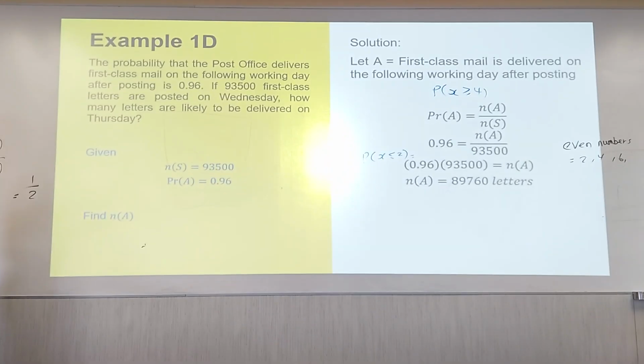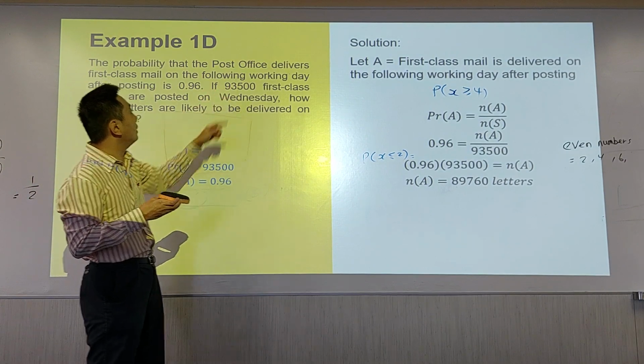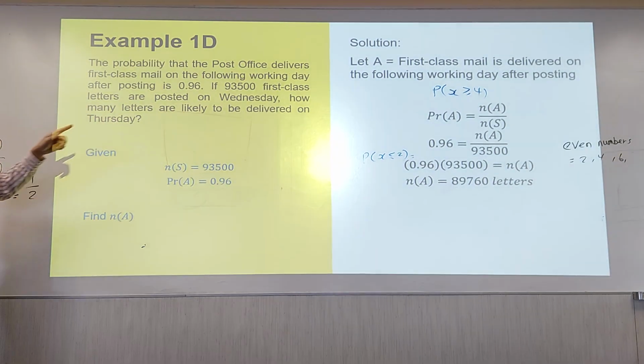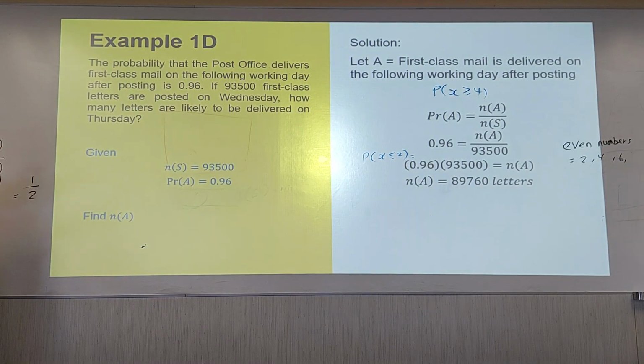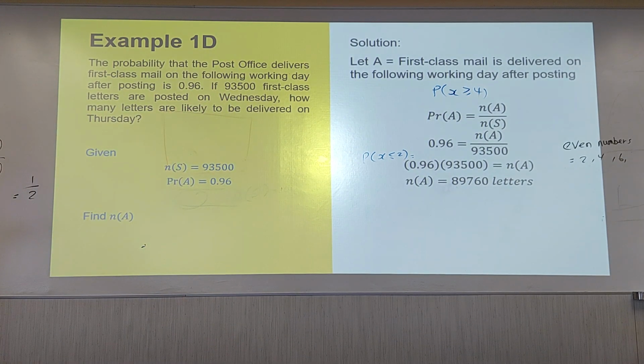So if 93,500 first class letters are posted on Wednesday, how many letters are likely to be delivered on Thursday? This question is asking how many letters will likely be delivered successfully the following day, among these 93,500 letters.